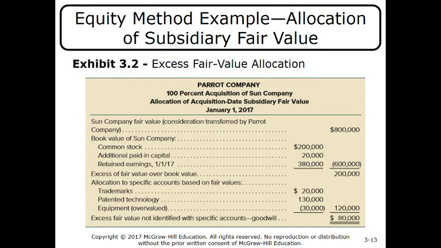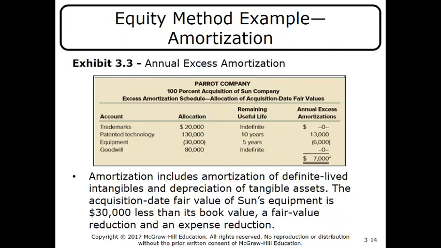All right, so you know what you're allocating things to. You might go through this excess fair value allocation method. And here, like I said, here's your excess amortization per year.